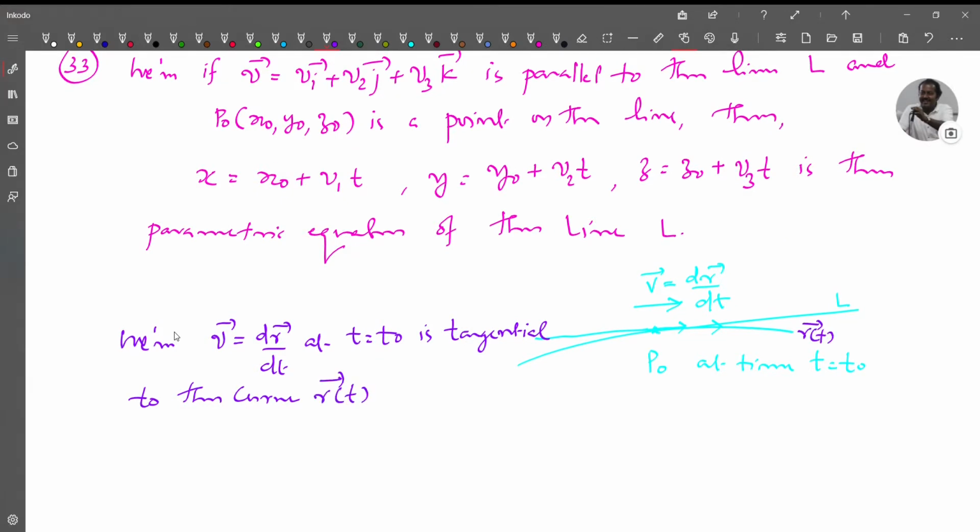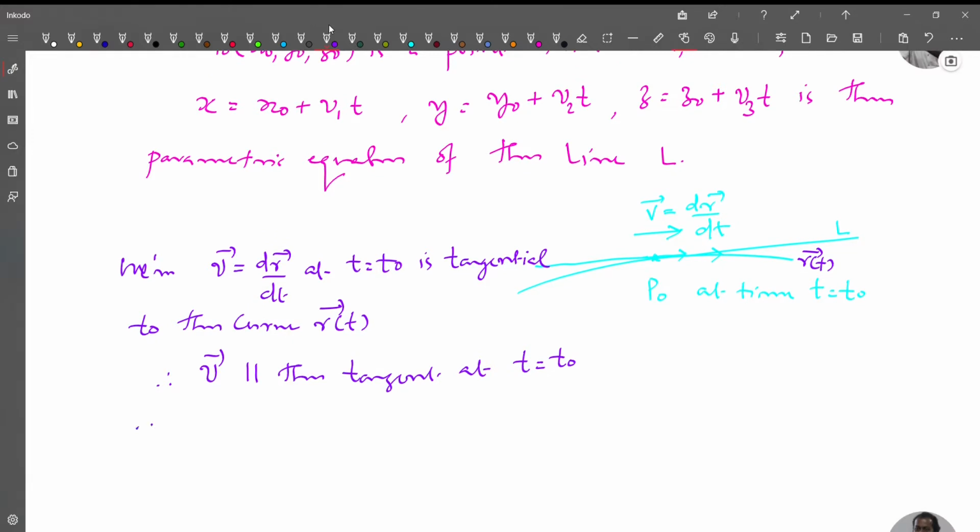Therefore, v is parallel to the tangent at t equal to t naught. Since P naught is a point on r of t at time t equal to t naught, that is equal to 0.